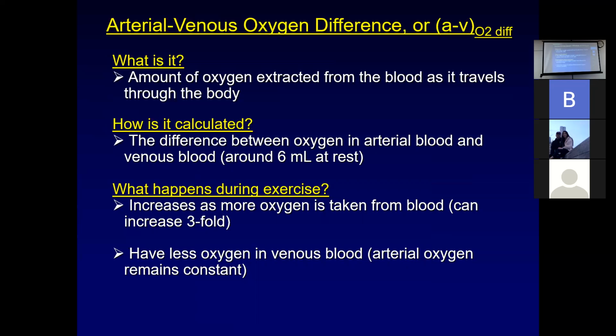Then I have to take a sample of blood from the femoral artery and a sample of blood from the femoral vein. And that would let me calculate roughly how much oxygen your quadriceps are taking out of arterial blood and using during exercise. Okay?